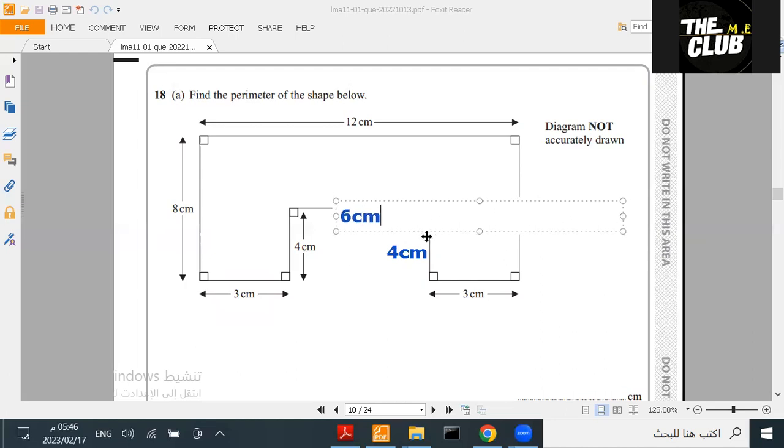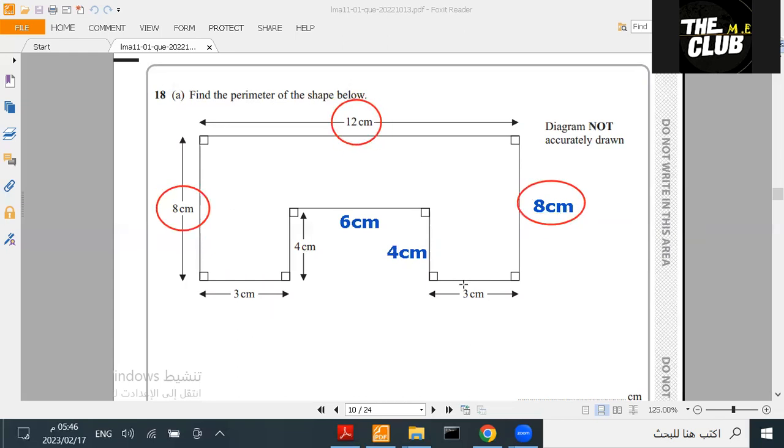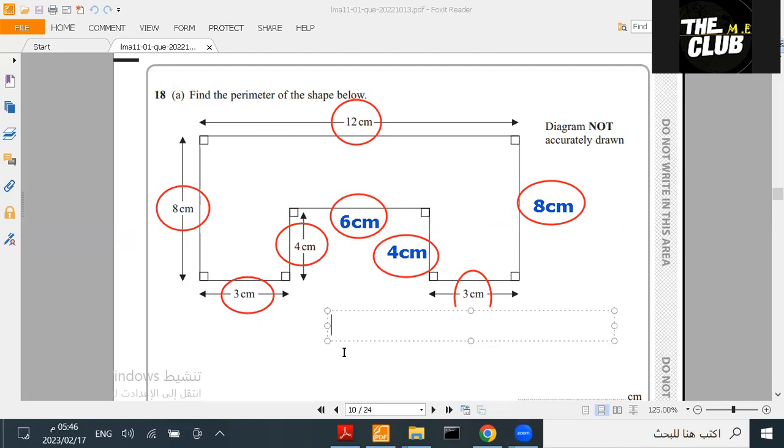Now we add them all together. We have 8, 12, 8, 3, 4, 6, 4, and 3. We add them all together with a calculator: 12 plus 8 plus 3 plus 4 plus 6 plus 4 plus 3 plus 8 is going to be 48 centimeters.